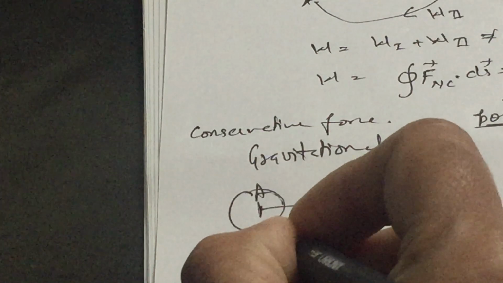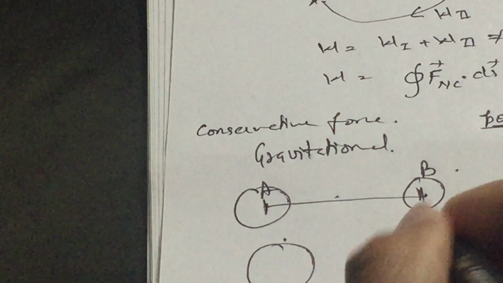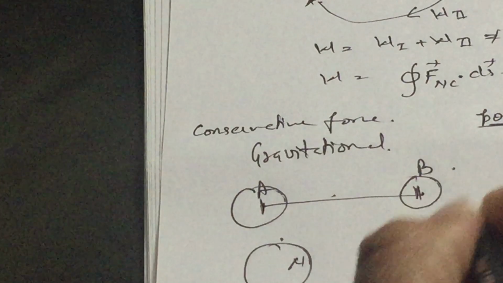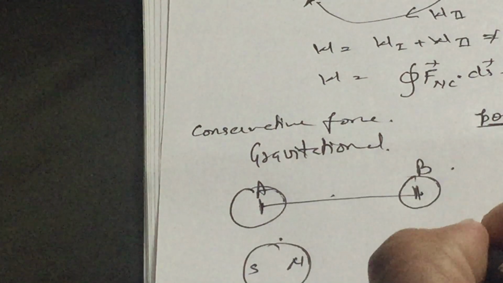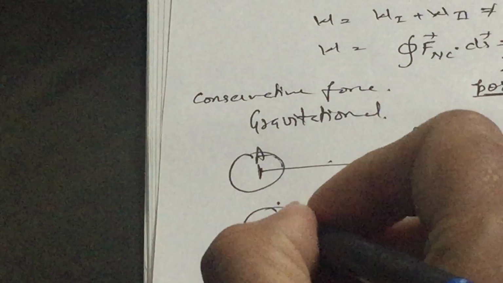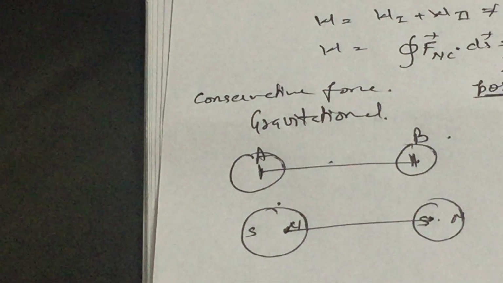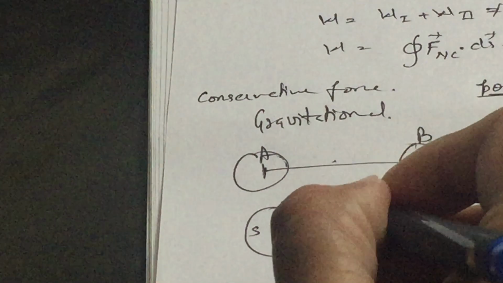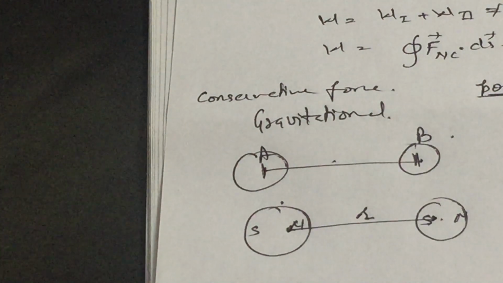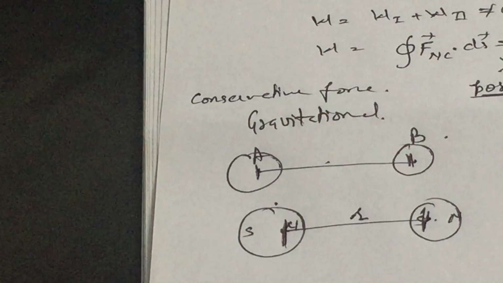In magnetostatic forces, again, if this is the north pole and this is the south pole, then there is some attraction. The pole-to-pole distance between these two fixed points is set, and here again the conservative force depends upon the initial position and the final position.